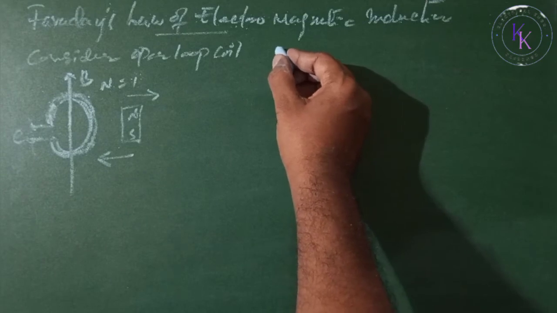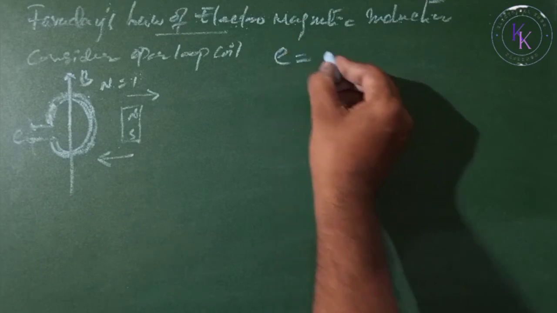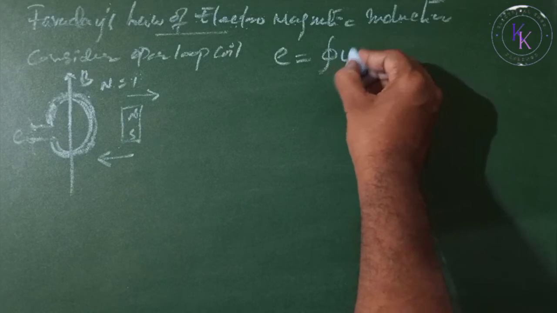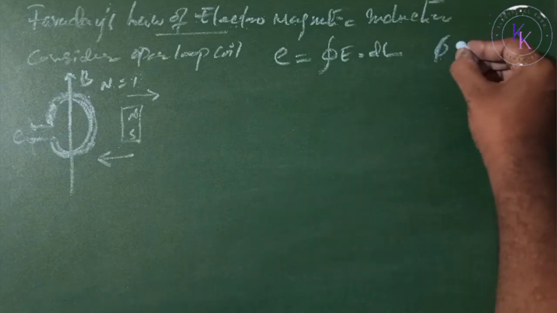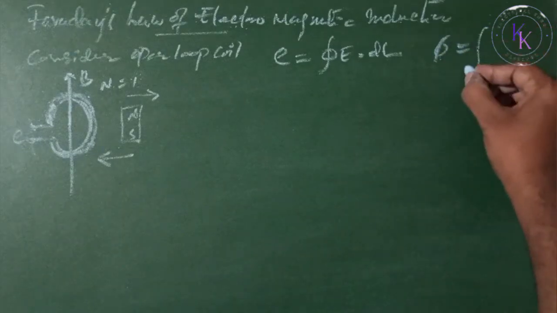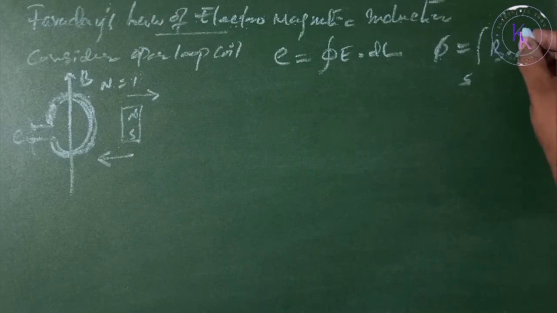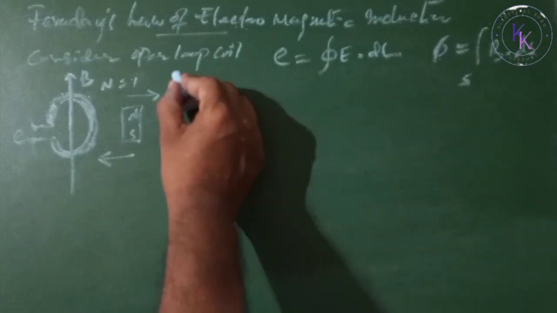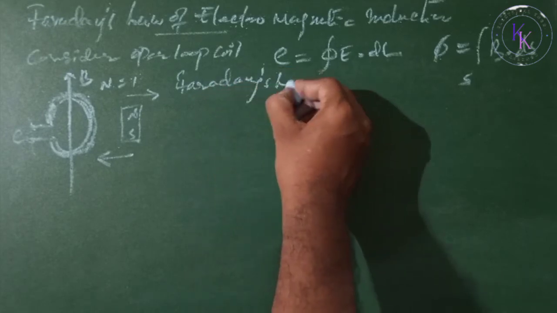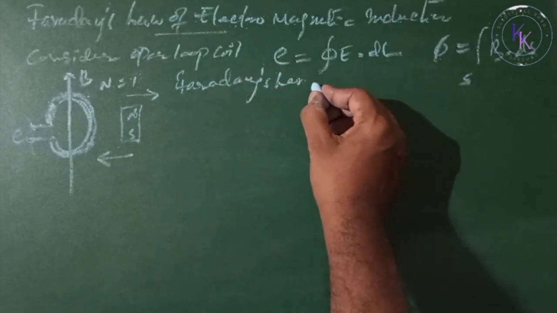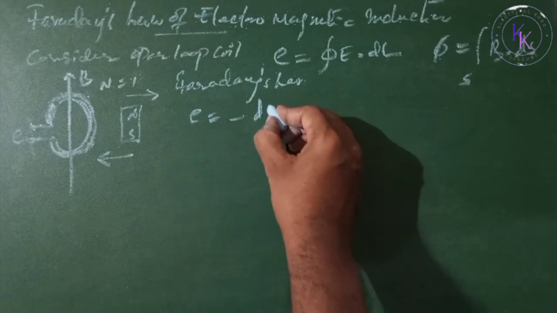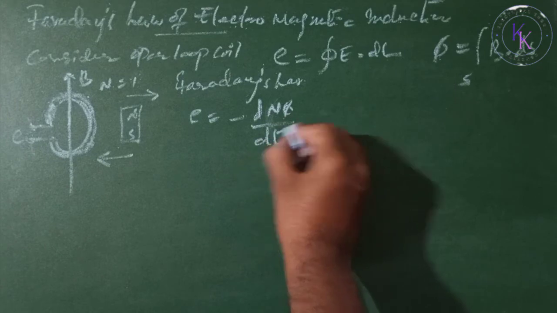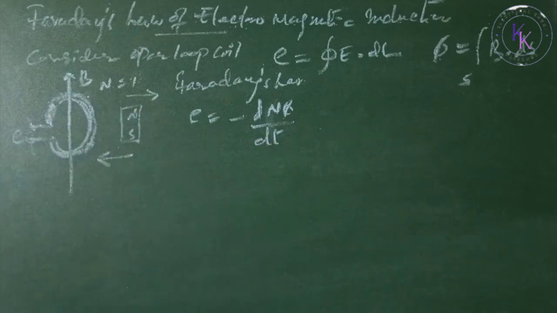In electrostatics, we know the induced EMF E is given by the closed integral of E dot dl. We know flux is given by the surface integral of B dot ds. From Faraday's law, we know that EMF E equals minus d N phi divided by dt, but this is a closed loop where N equals 1.